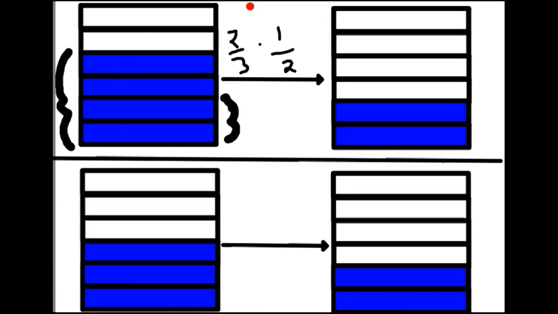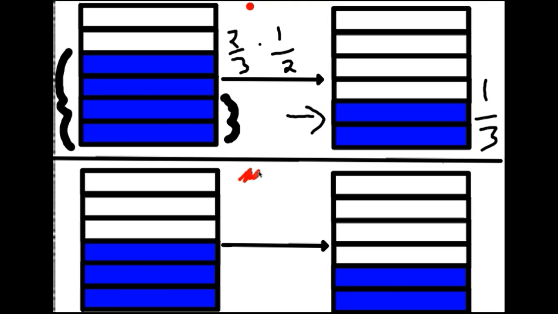And can anybody tell me how much you're actually left with over here? How much is that of the entire cup? Well, if you count, that's 2 parts water, and there's still 6 parts total that we've divided the cup into, so you actually end up with 1/3.